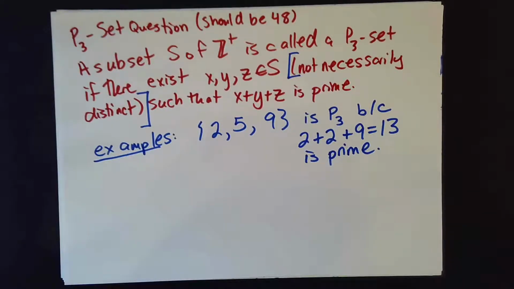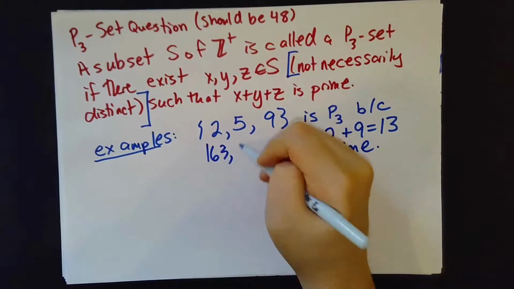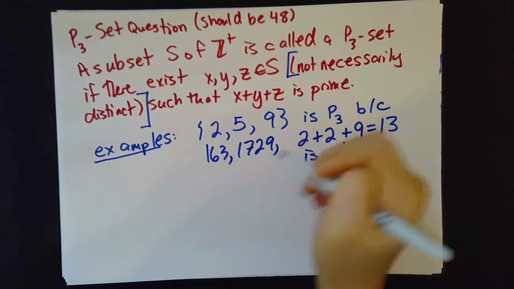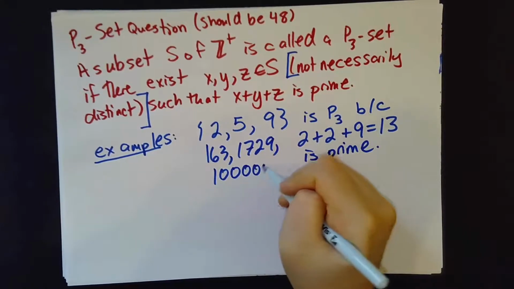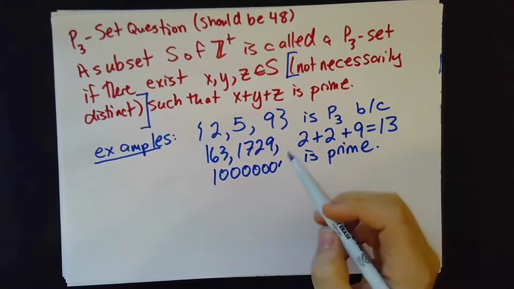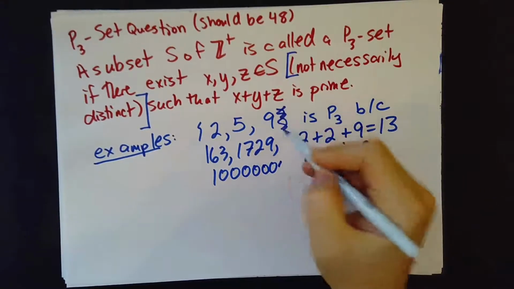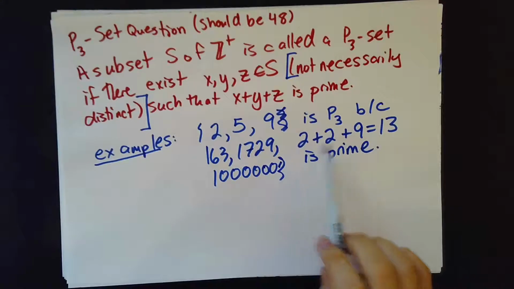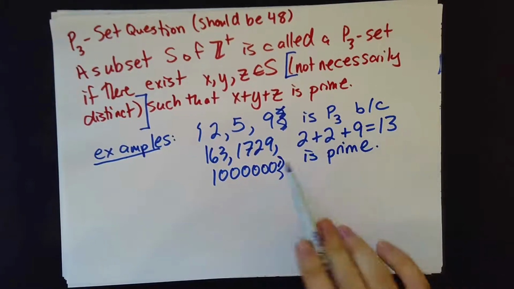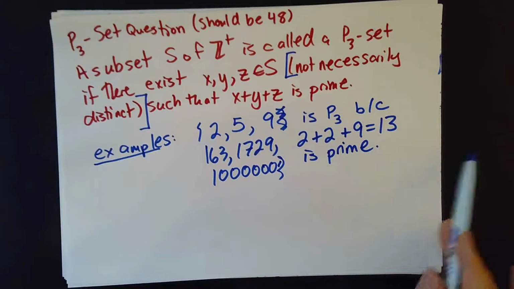Right, it cannot possibly make it not a P3 set, because no matter how many digits I add, if I go ahead and throw in 163, 1729, and a million, this is still a P3 set, because it still has 2 and 9 in it, so it still has 2 plus 2 plus 9 is 13.